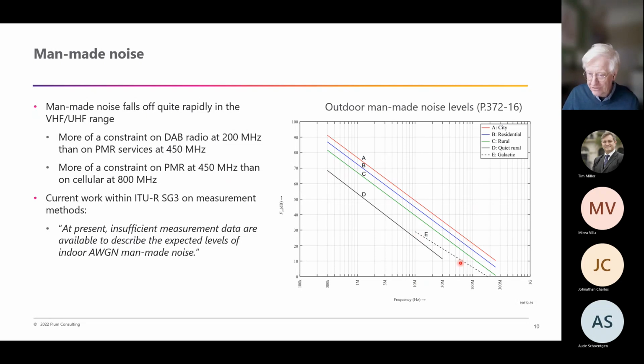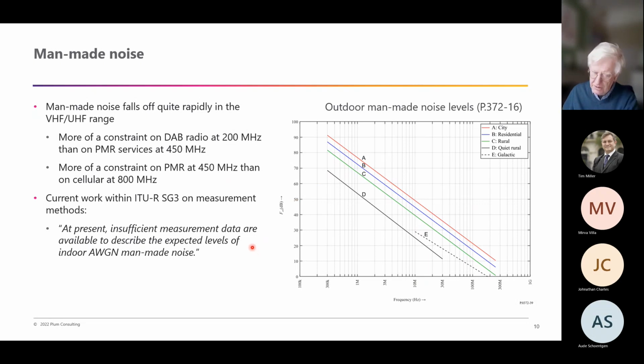And here again, you see this dotted line which shows the galactic noise levels from the sun and from galactic sources. And you can see that these are generally 10, 20, 30 dBs below the man-made noise level. So man-made electrical noise is the thing that will determine service quality in many cases, probably most cases, and we need to understand it.